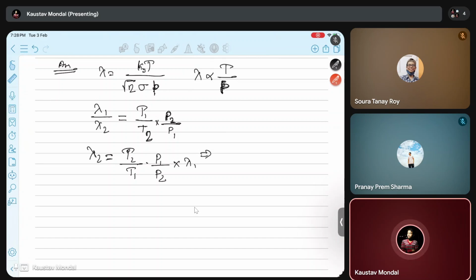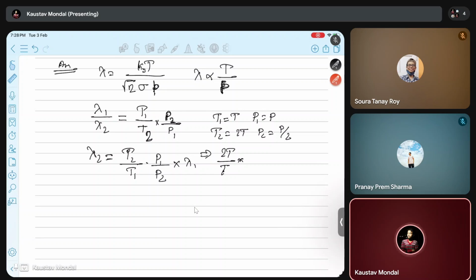So T2 is basically 2T, and say T1 has temperature T in the initial case and P1 has pressure P, and after the change in temperature T2 let's take 2T and P2 let's take P by 2.